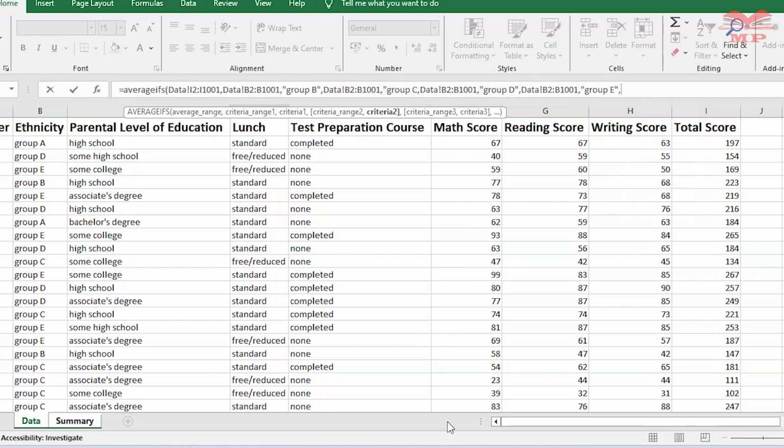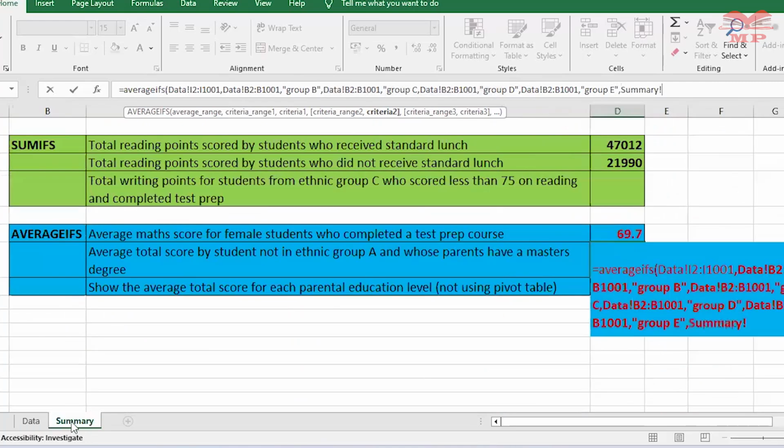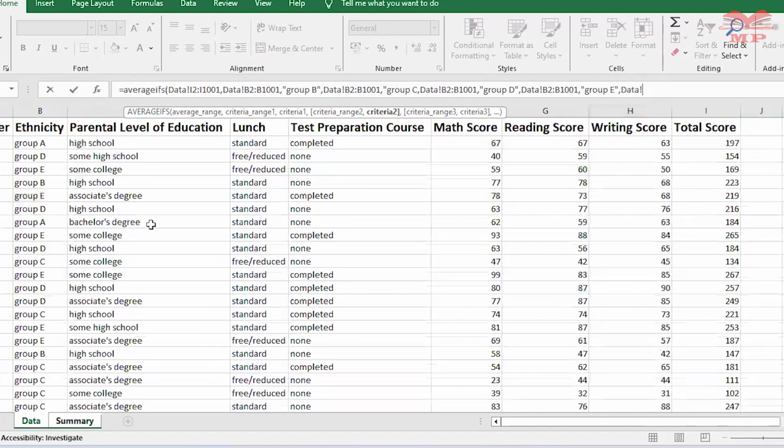Then I can do the last criteria, which was whose parents have a master's. So that would be the new criteria range. It's a new criteria range.